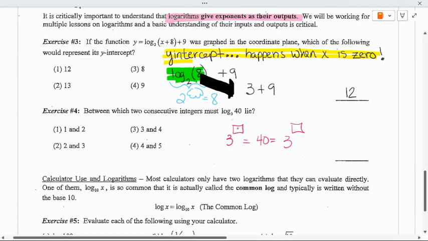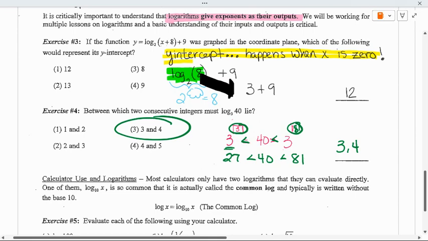Well, 3 squared is 9. 3 cubed is 27. 3 to the 4th is 81. So 27 is less than 40 is less than 81. So what are the two integers? Your two exponents, 3 and 4, which is answer choice 4. Okay.